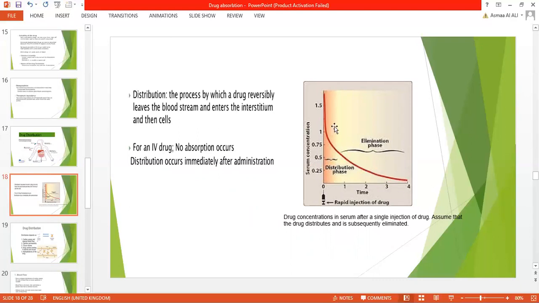And here, this figure explains drug concentration in serum after a single injection of a drug, which assumes that the drug distributes and is subsequently eliminated.